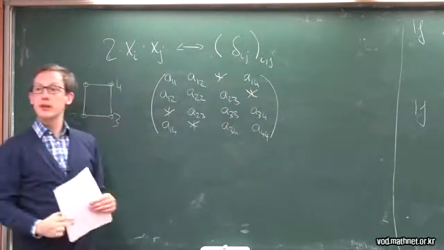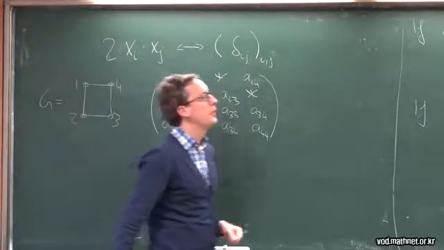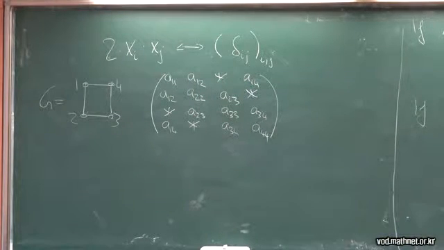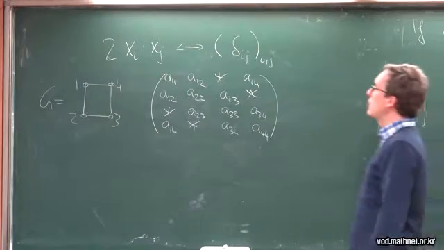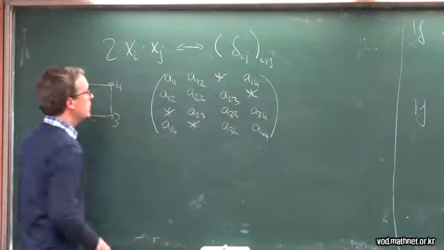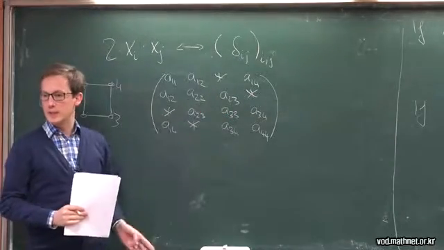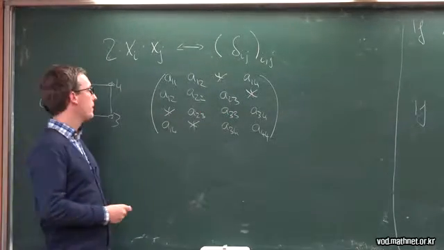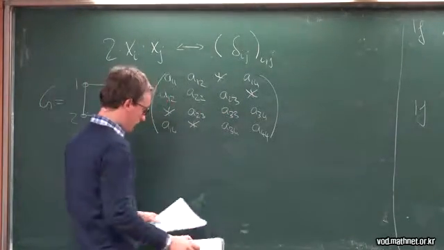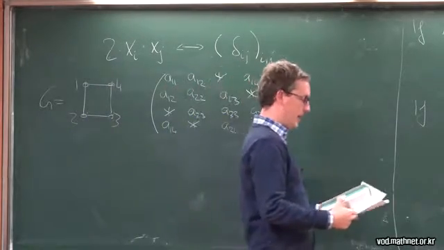And I will never observe these entries because they correspond to the 2 monomials in my ideal. Okay, so if I want to write this as a sum of squares, though, I will have to fill these in such that this is a PSD matrix. Okay? All right. Any questions?